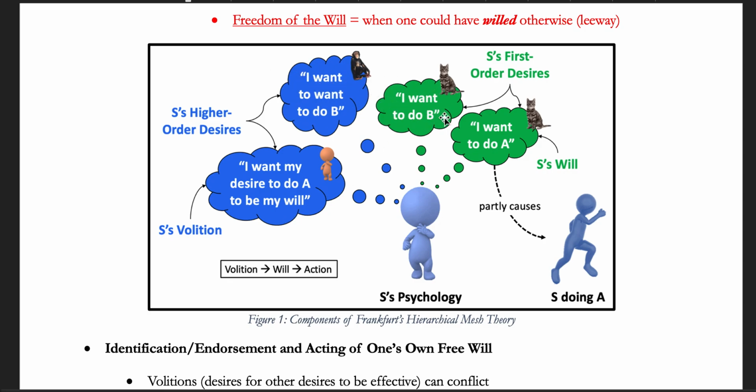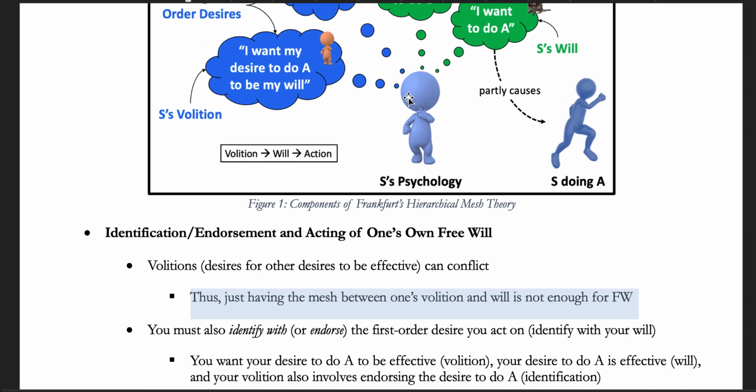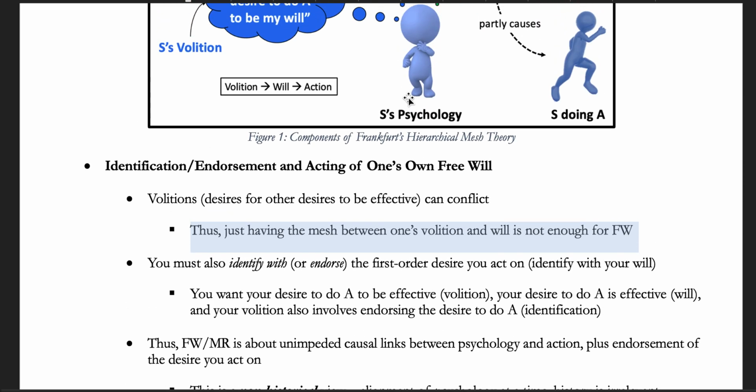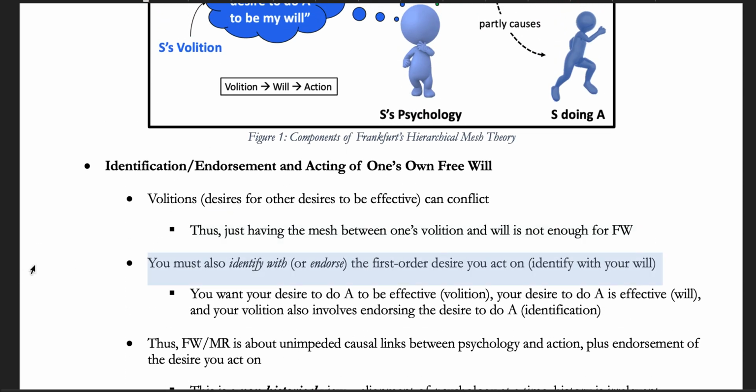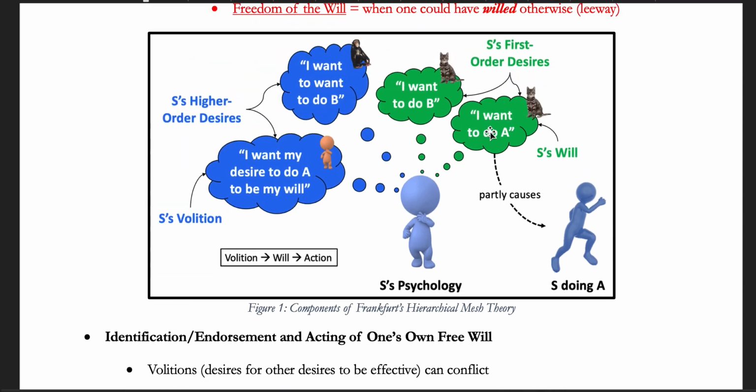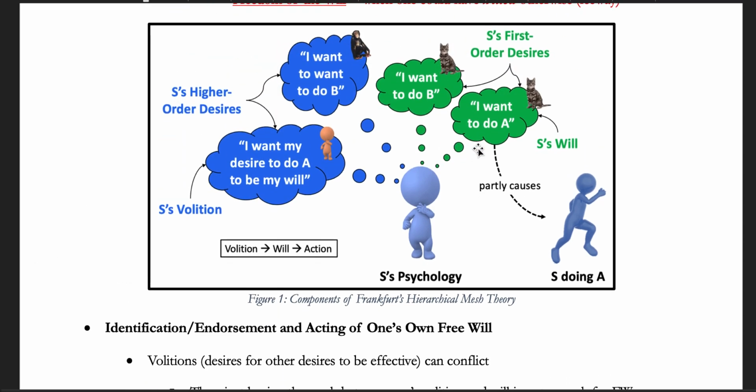You might want this to be effective as well. And then it's unclear whether this was really you, or wanting B to be effective is kind of the real you. So just having that mesh is not enough. So you have to also identify with the first order desire that comes to be effective.